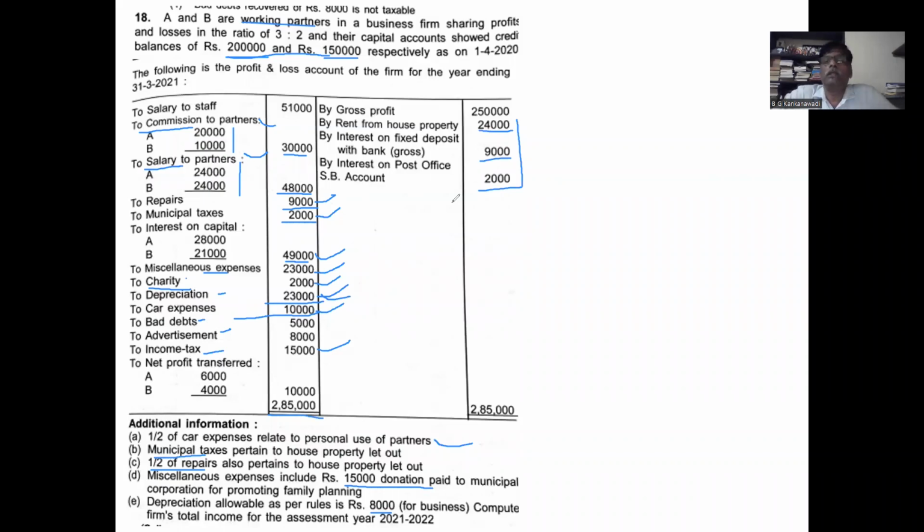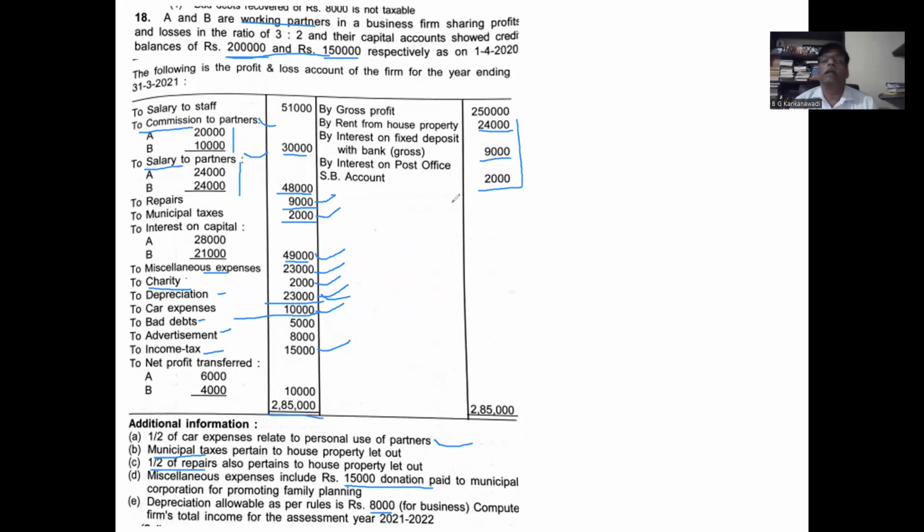Salary plus commission is the amount paid to the partners actually. So the total of this is 78,000. In working partner remuneration, you calculate as per 40B. Thereafter, actual remuneration, you take 78,000. Whichever is less is allowable deduction. Deduct it, you will get the income from business.